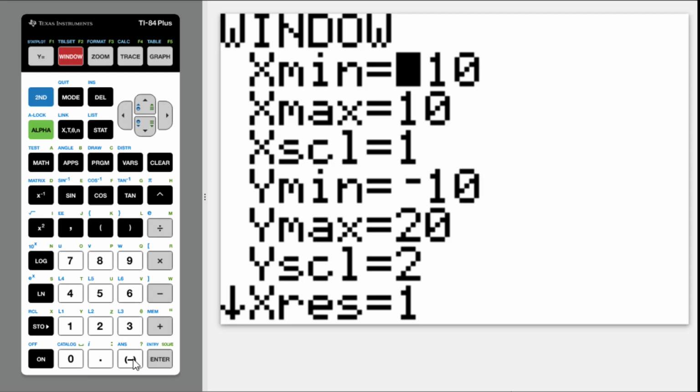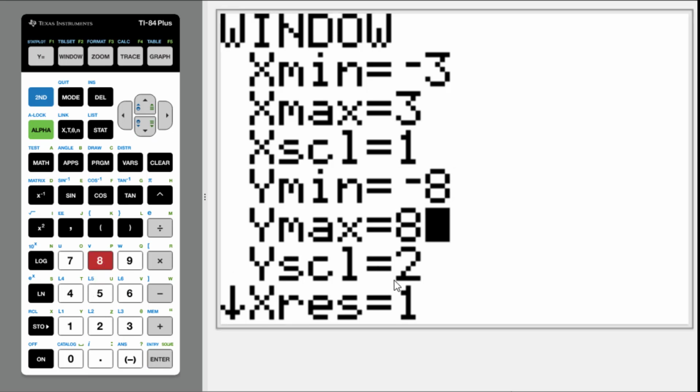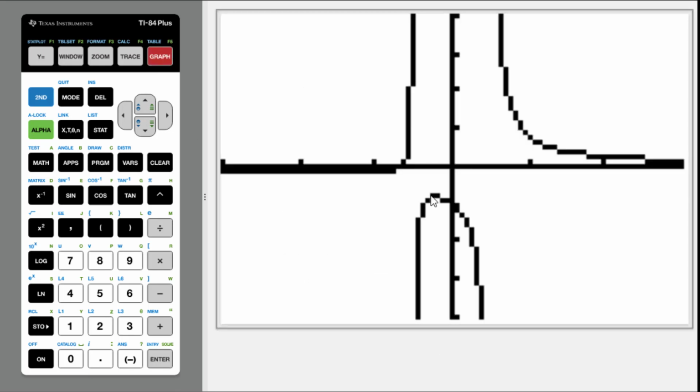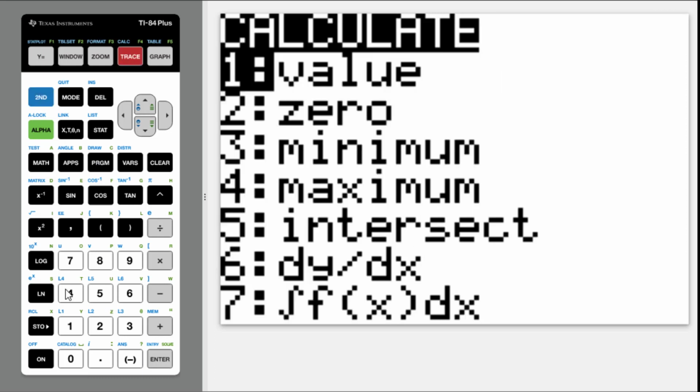X minimum is negative 3. X maximum 3, scale is 1. For y minimum, negative 8. Y maximum 8. Scale is 2. After we finish setting up this window, we go to graph, local maximum value, second trace, go to 4.